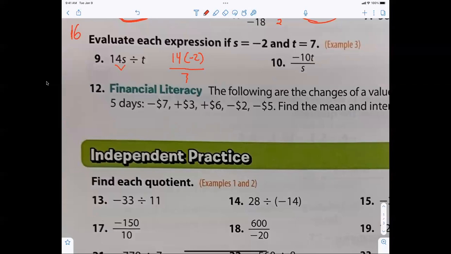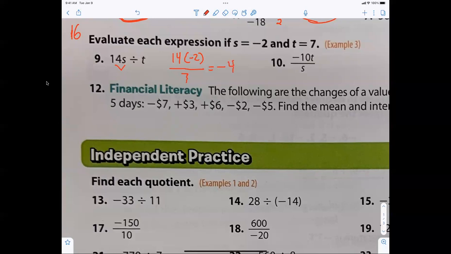Now, I know everybody in here can do 14 times 2 and then divided by 7, but just tell me what that answer is. Is it positive or negative? How many negatives do you see? Oh, negative. Right. It is -4.